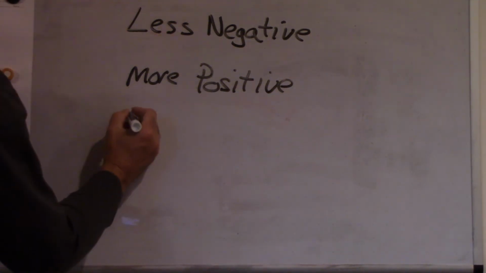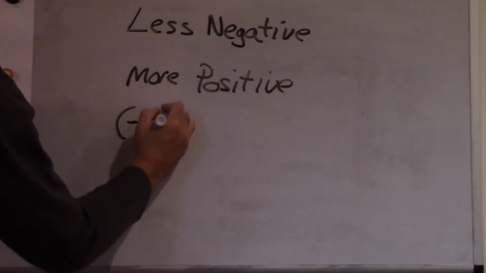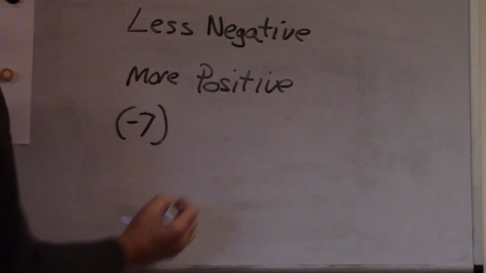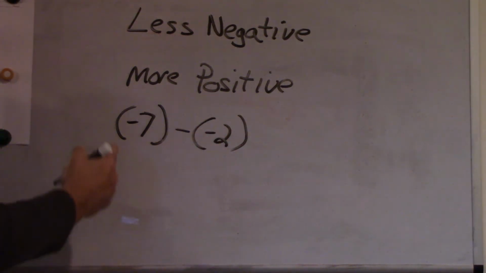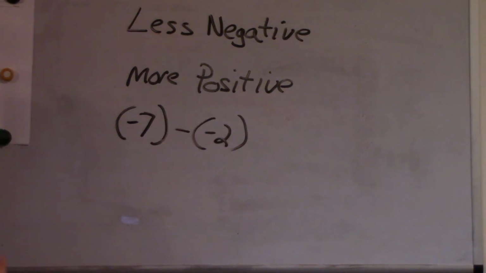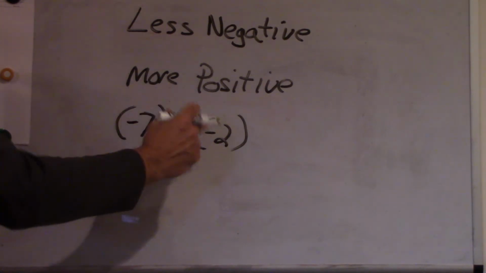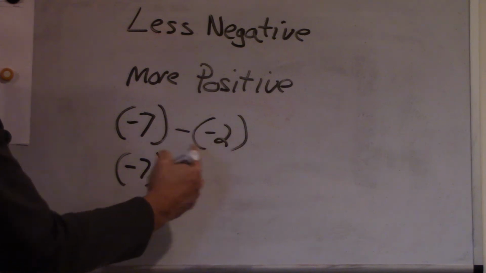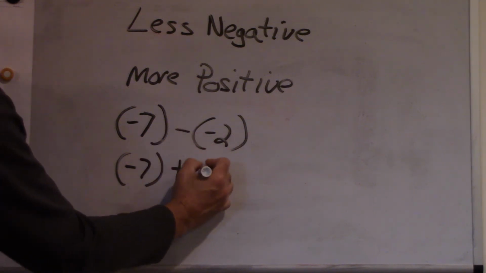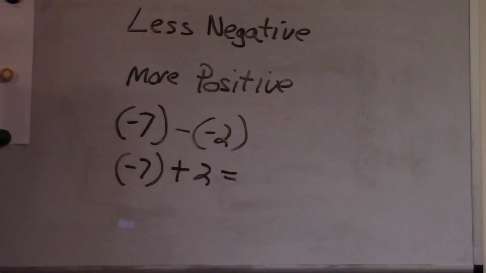How about if we had a negative 7 minus a negative 2? So negative 7 minus negative 2. We want to make that less negative. So negative 7, less negative means more positive, plus 2. Absolute value, 7 and 2.